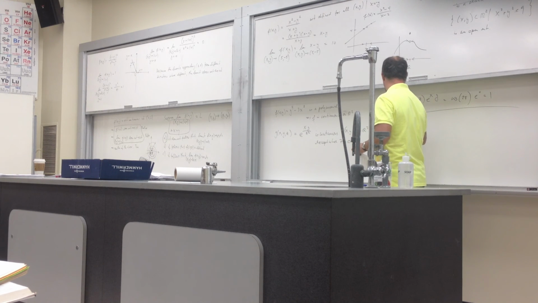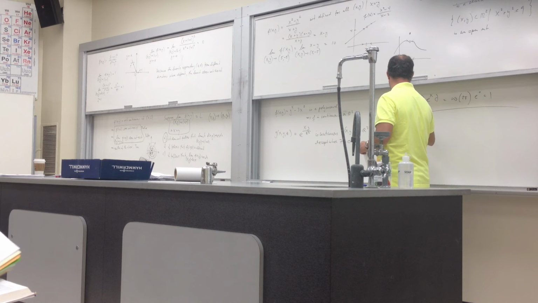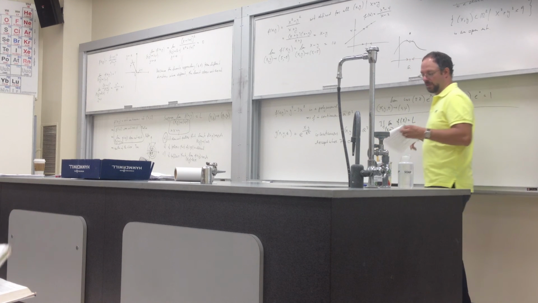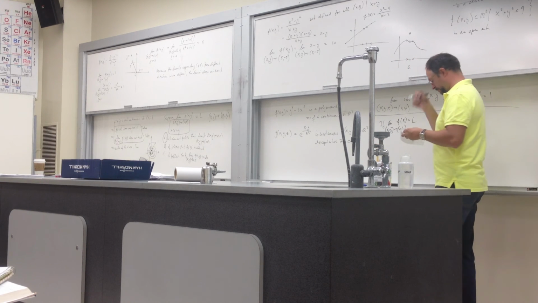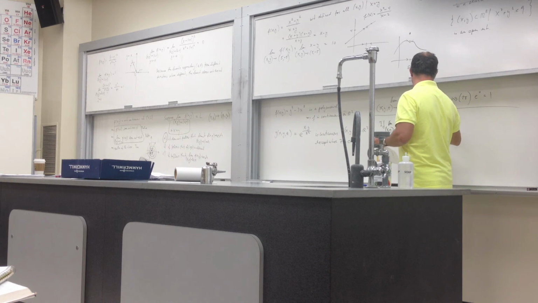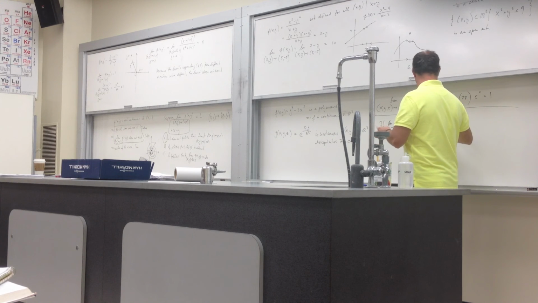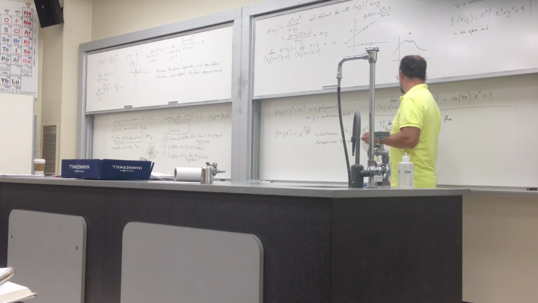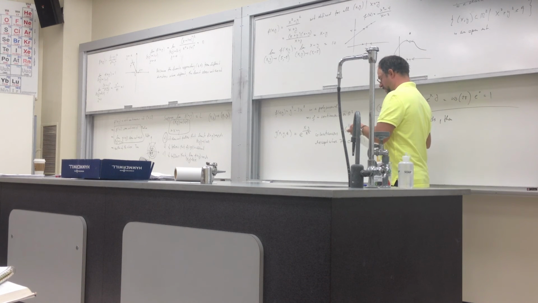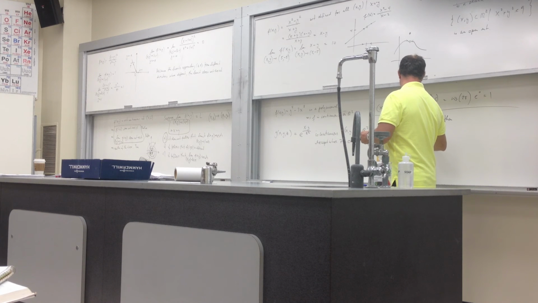If the limit as x and y approach a, b of f of x, y is equal to L, so that exists, then the first statement is that f is continuous at a, b.